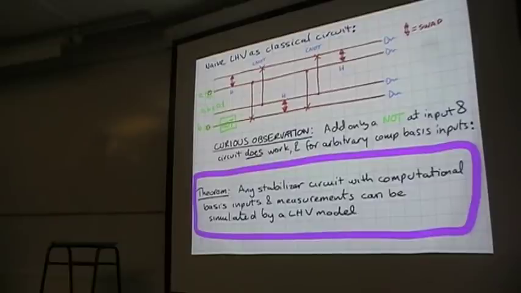But the essence of this talk is the following theorem. That in fact any stabilizer circuit with computational basis inputs and measurements can be simulated by a local hidden variable model. And basically the whole game is to find a way of taking a circuit like this for this naive local hidden variable model and then finding appropriate gates to put on that circuit, and then you will reproduce the quantum predictions.